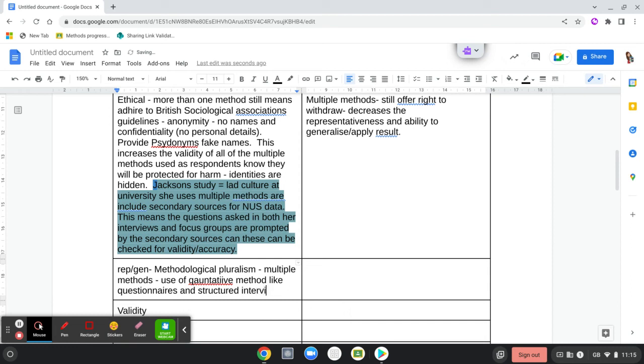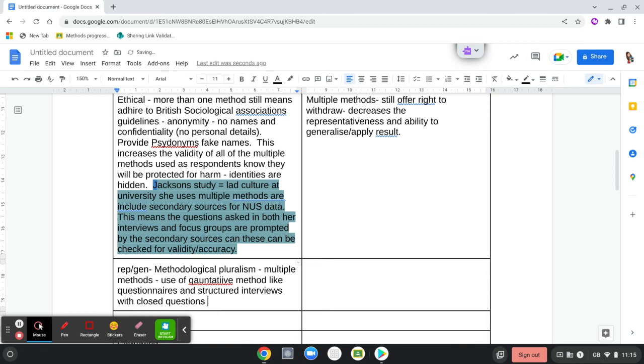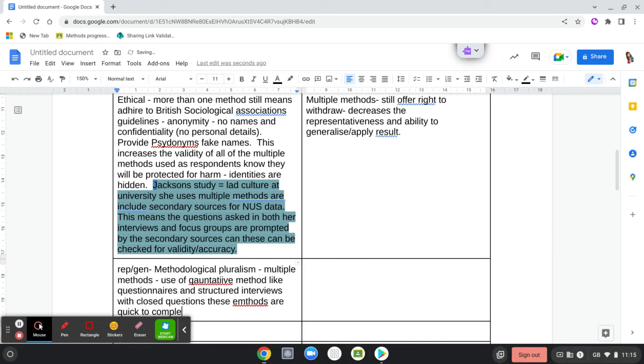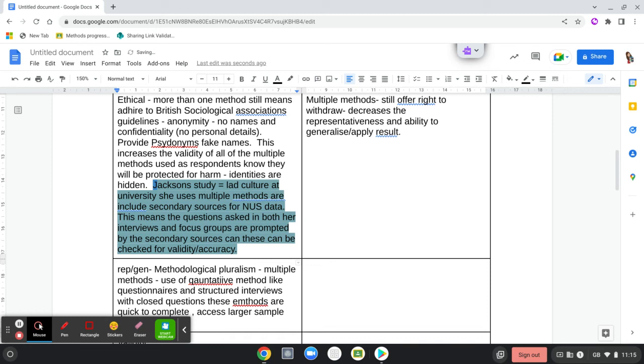So with the use of methodological pluralism and some quantitative methods as part of that, with questionnaires or structured interviews with closed questions, these methods are really quick to complete, which means you can access larger sample sizes, meaning you can represent different groups and generalize results.